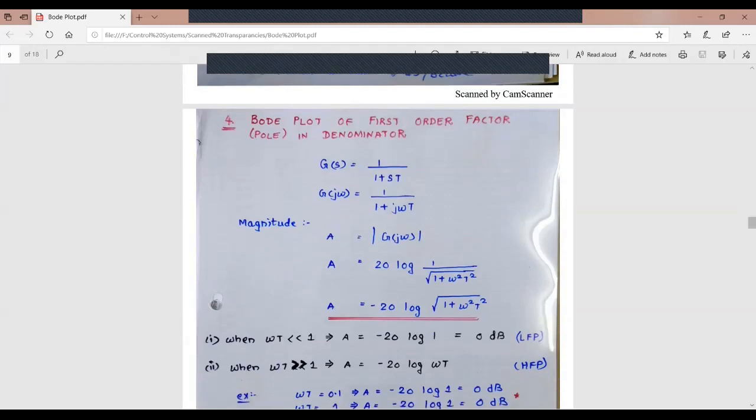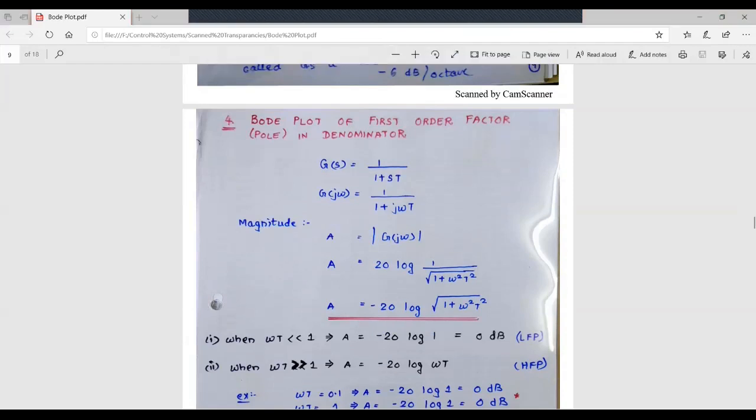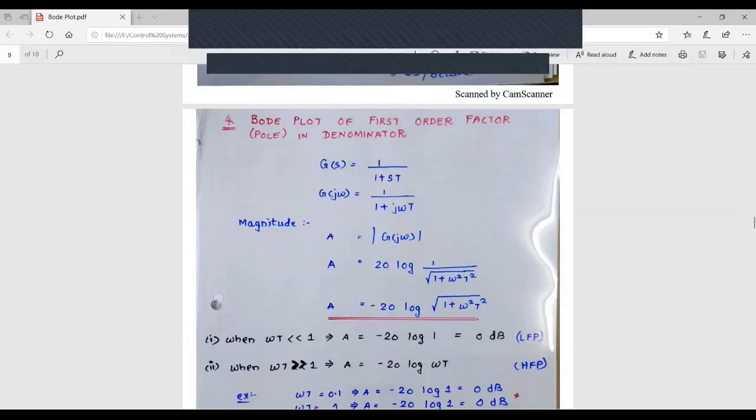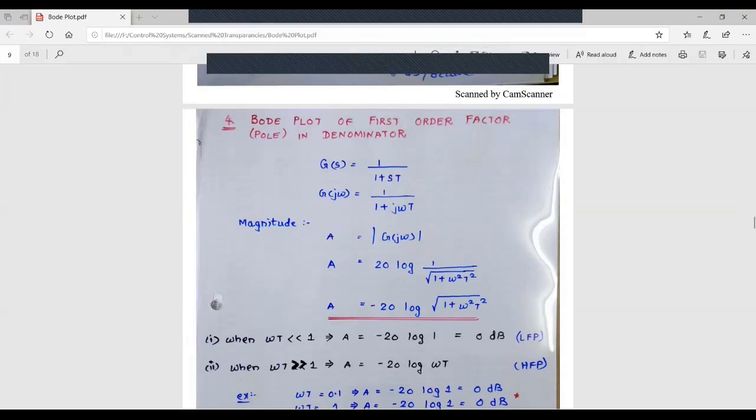Now here, the first order factor can be represented with the help of this equation. If you have G of s equal to 1 upon 1 plus sT, s will be replaced with j omega, so 1 upon 1 plus j omega T. Now to calculate the magnitude of this G of j omega, obviously this is going to be in the denominator.